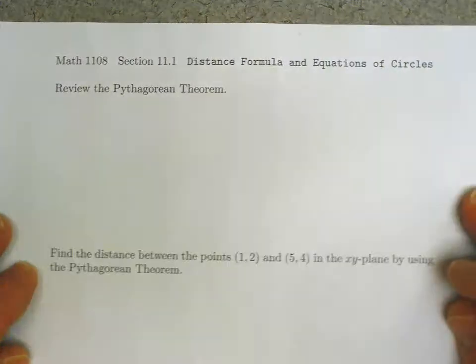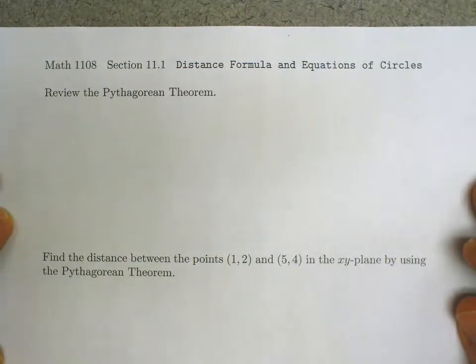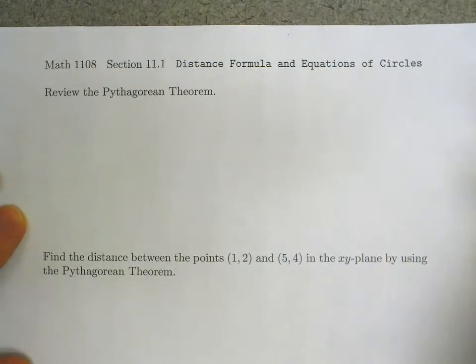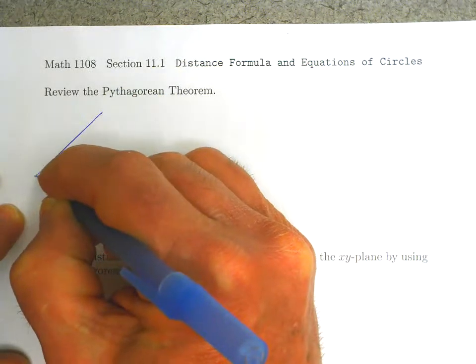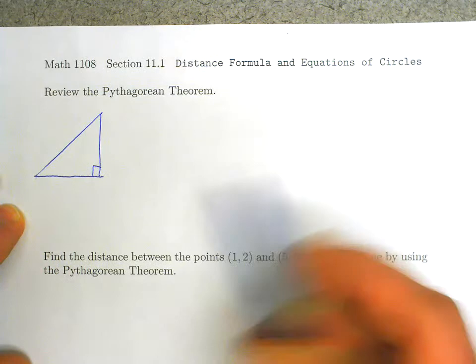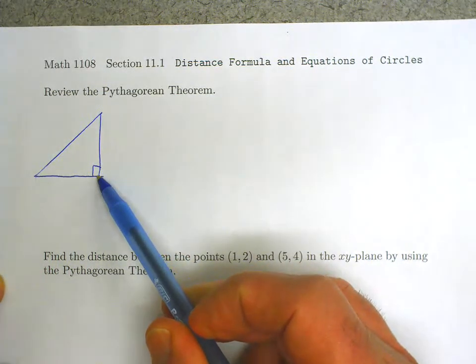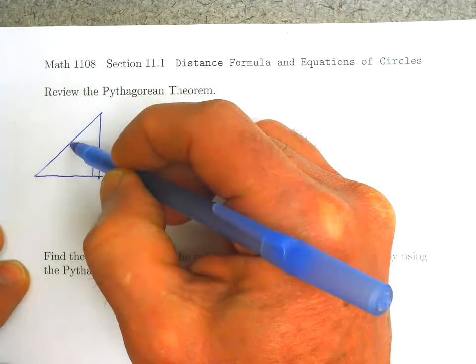Okay, we've seen the Pythagorean theorem a few times this semester, but we'll review it. If you have a right triangle, which means one angle is a 90-degree angle or a right angle, the hypotenuse is the longest side.